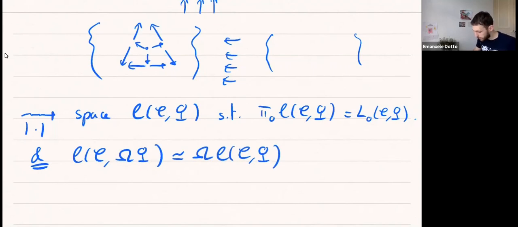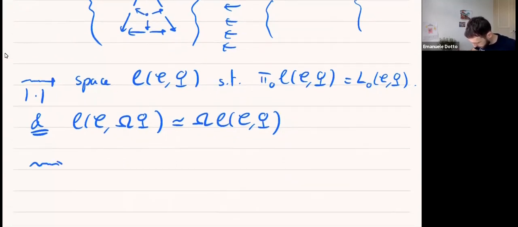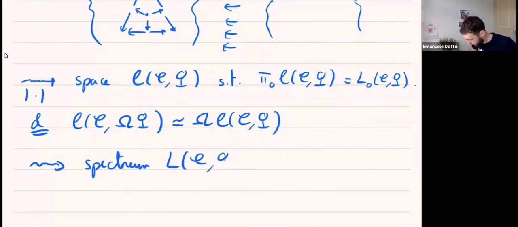So if you shift the Poincare structure, it is the same as not shifting, but shifting outside the spectrum. And this gives you canonical deloopings. This gives rise to a spectrum, and then we call it LCQ.